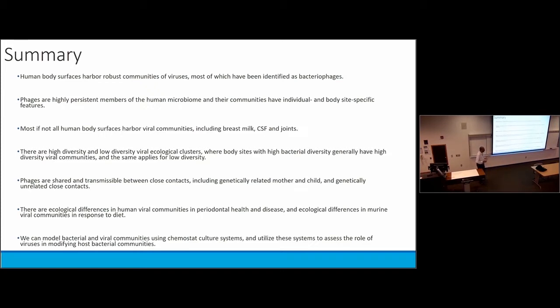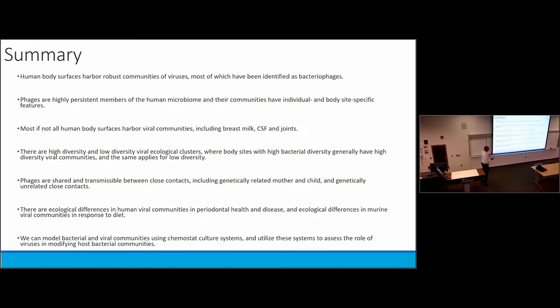We now know that these bacteriophages are really highly persistent members of your microbiome, and not only do they have body site specific, but they also have individual specific features that we can measure. We know that now most, if not all, body surfaces have viral communities.